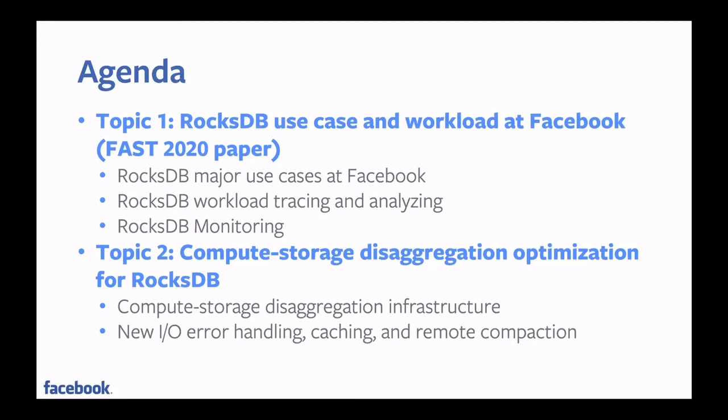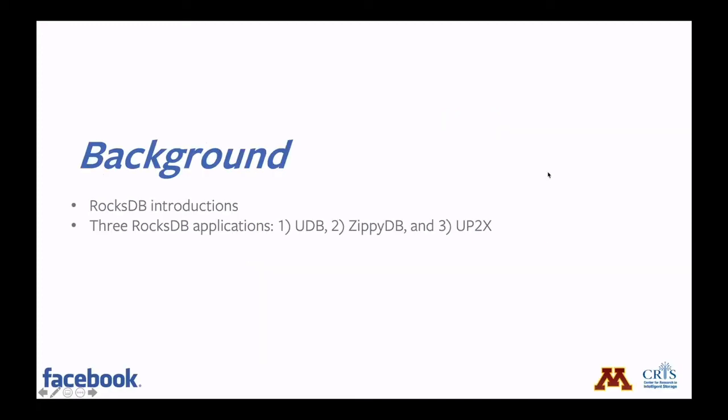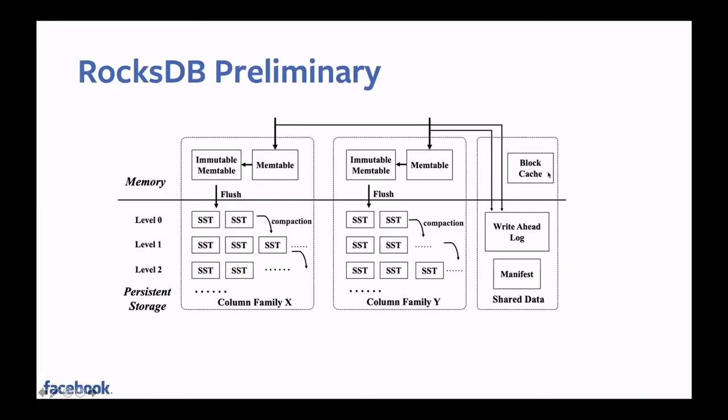So let's look at the workload part. Maybe I can use several minutes to introduce RocksDB. We know that Nebula uses RocksDB as its storage engine, and all the graph vertices and edges are stored as key value pairs inside RocksDB.